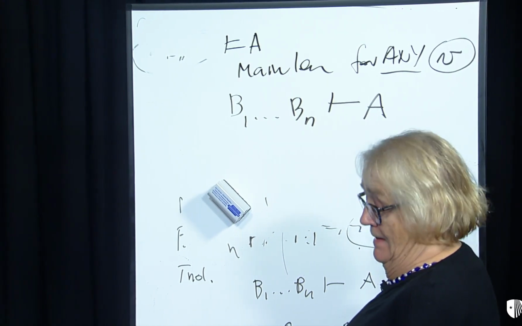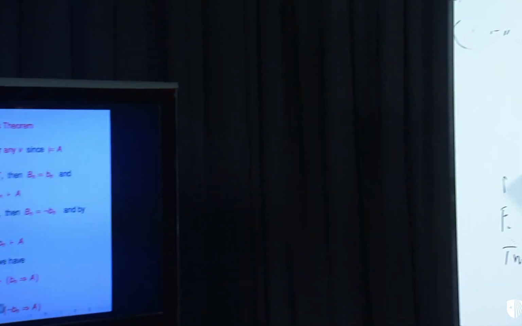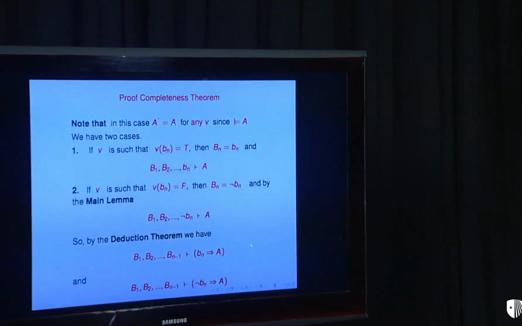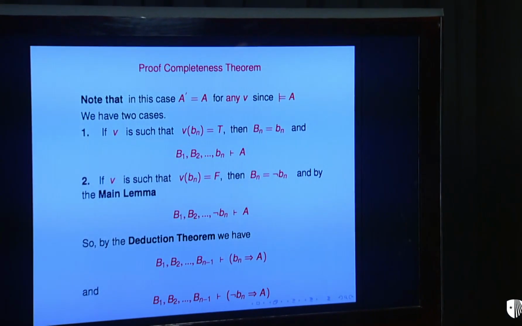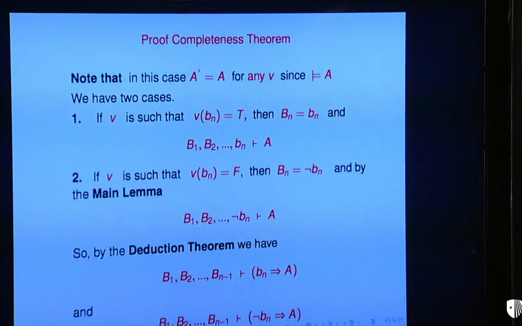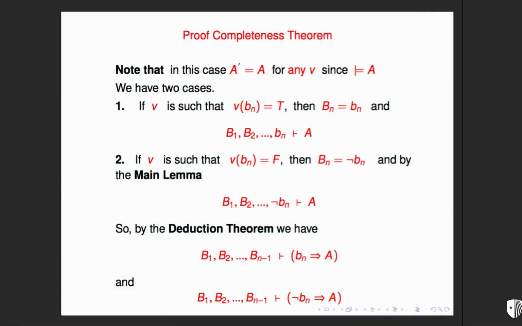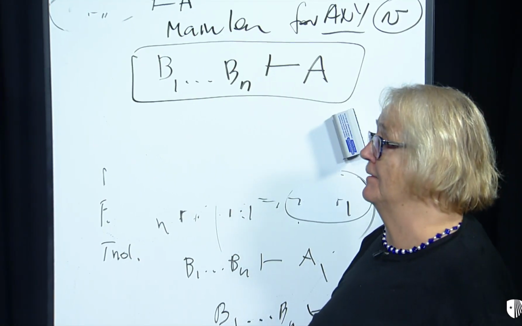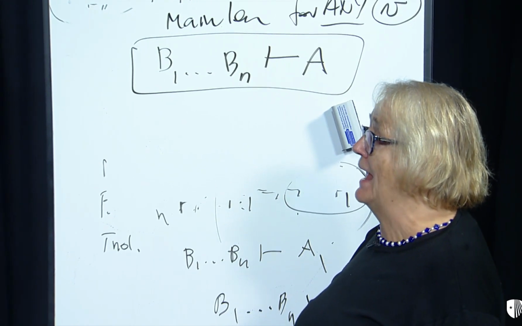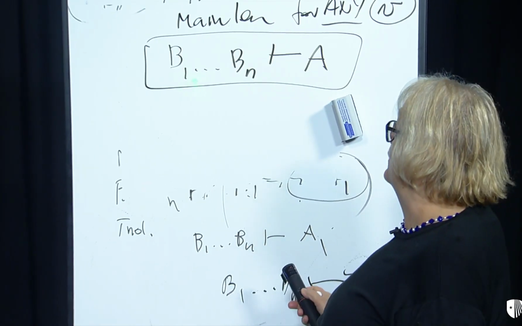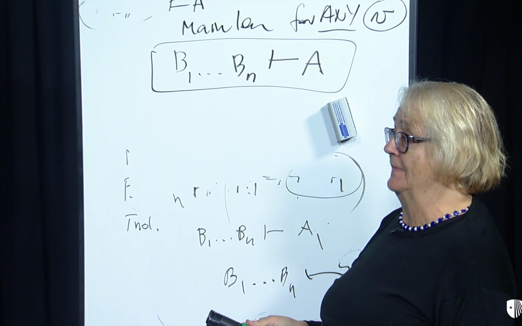But A prime is always A for any V. So I would get that B1, ..., Bn proves A for any V, and we have to prove that B1, ..., Bn proves A.